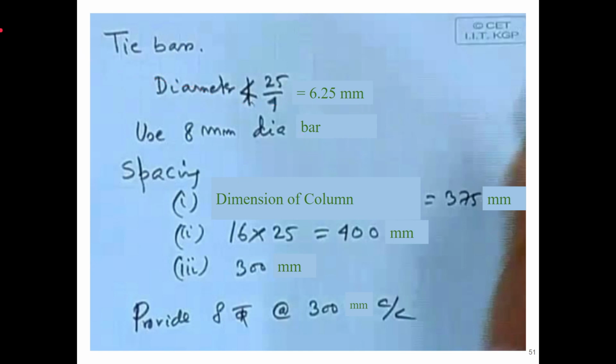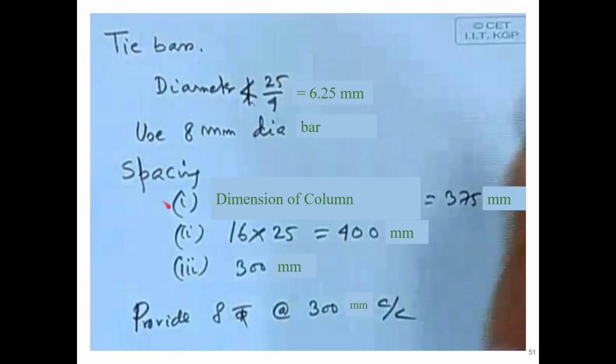Now let us go for the tie bars. As we discussed, the size of the tie bar should not be less than 1/4 of 25 mm, the diameter. So it is 6.25, so we have to provide at least 7. There is no 7, so let us provide 8 dia rebars for tie.